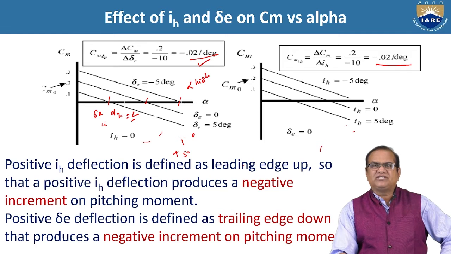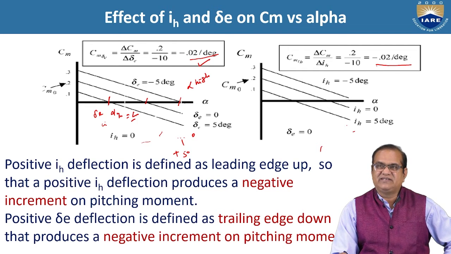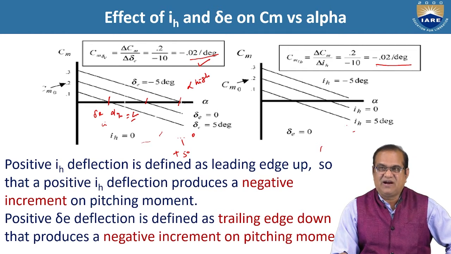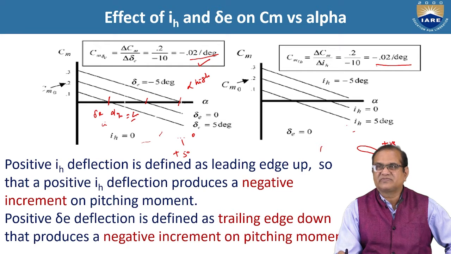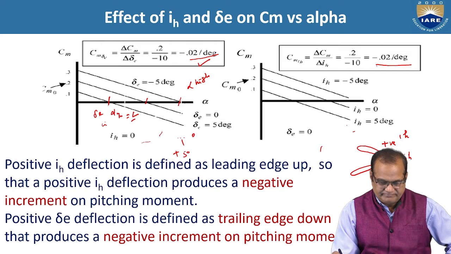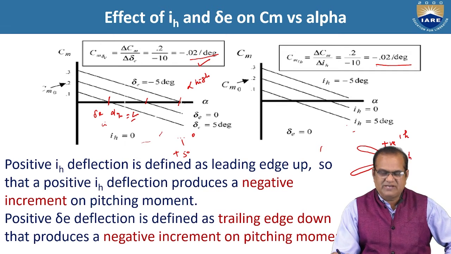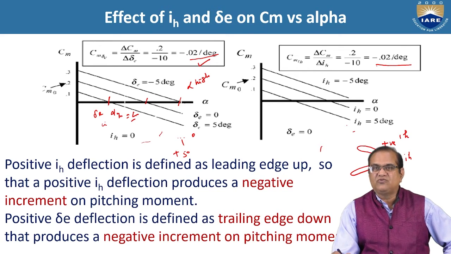So the positive IH deflection is defined as the leading edge up. Leading edge up means it is like this, it is positive, and if it is like this, it is negative. Okay, this is the negative IH and this is the positive IH. So a positive IH deflection produces a negative moment.